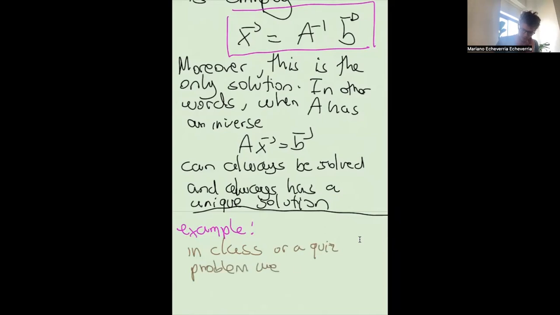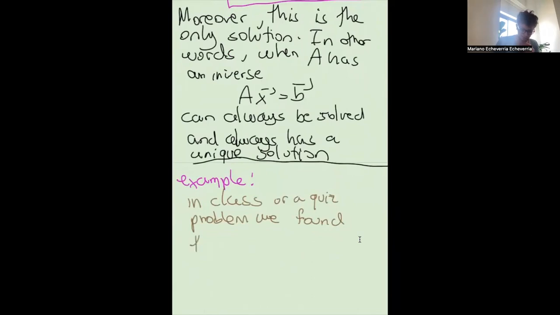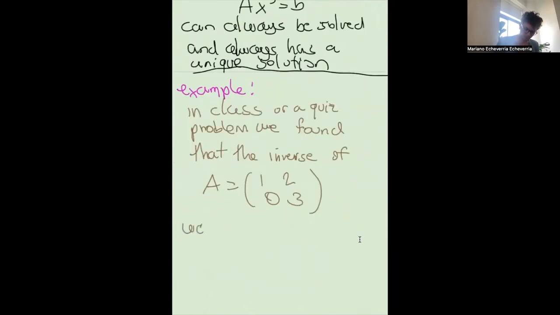We found that the inverse of A equals [1, 2; 0, 3] was the matrix A inverse equals [1, -2/3; 0, 1/3].